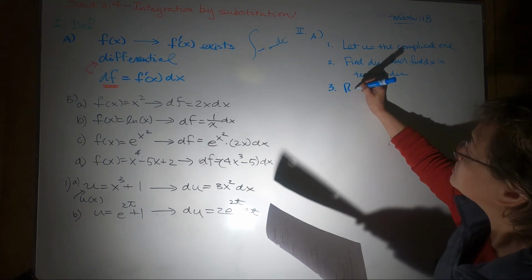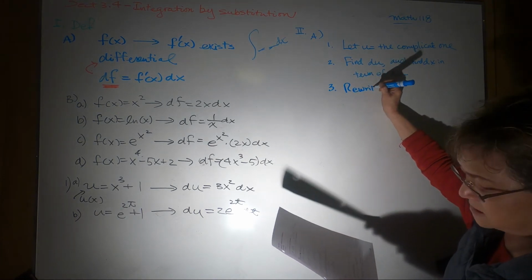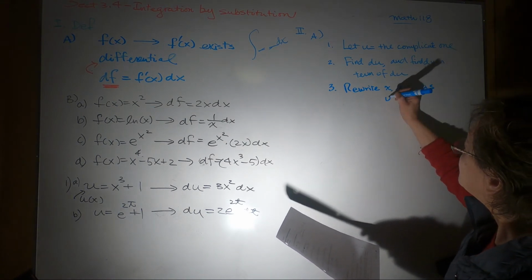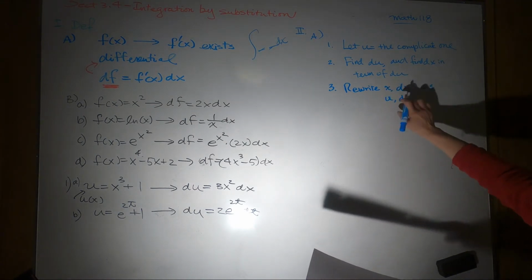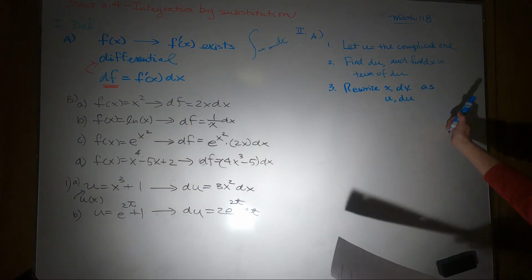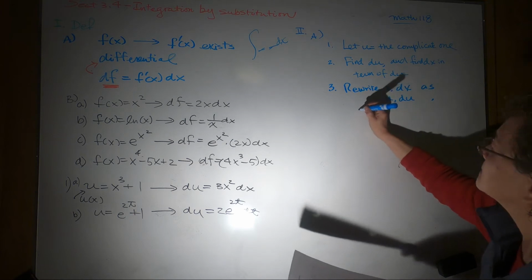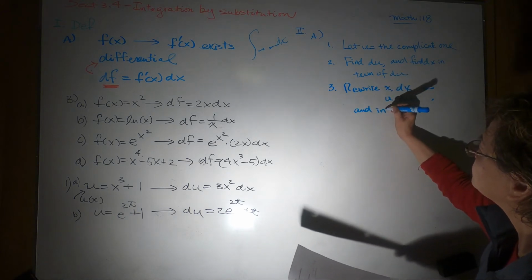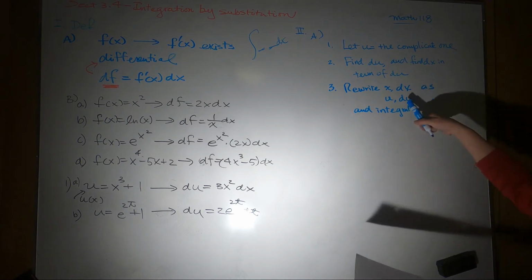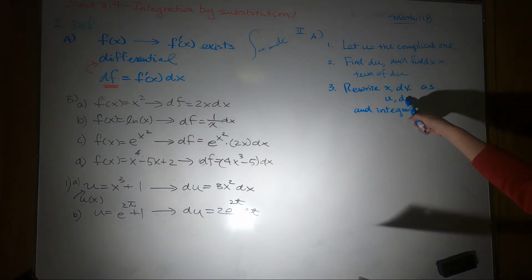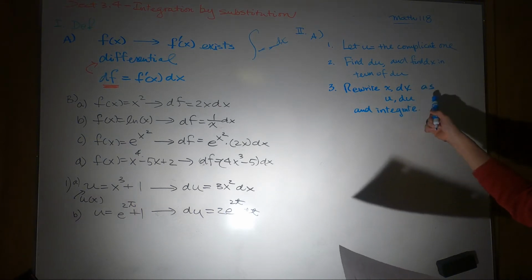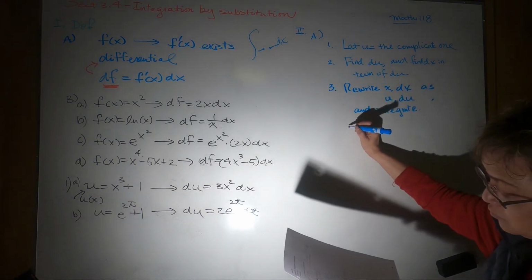All right, so we will rewrite x and dx as u and du. Replace the complicated one with the simpler one, and integrate. At this point, we will integrate in u instead of the complicated x. All right, then u will be much easier to integrate.